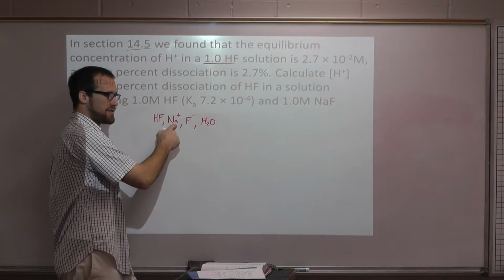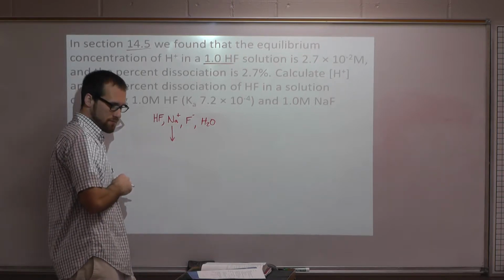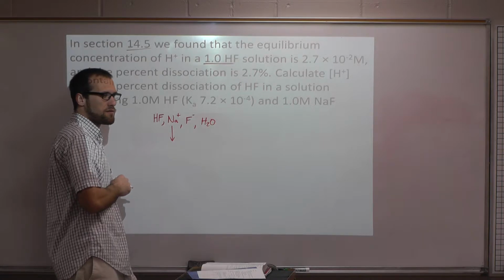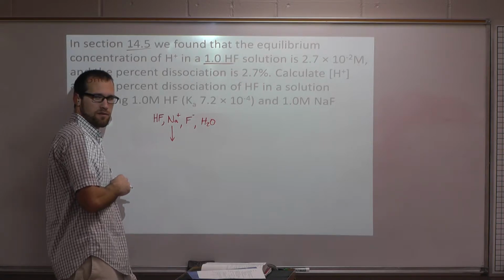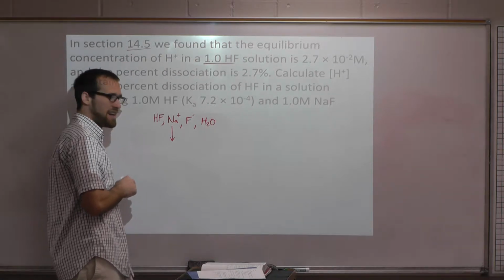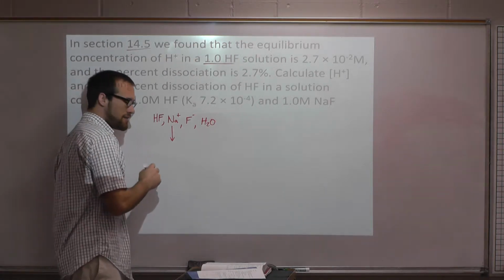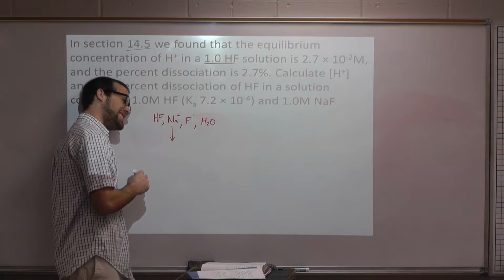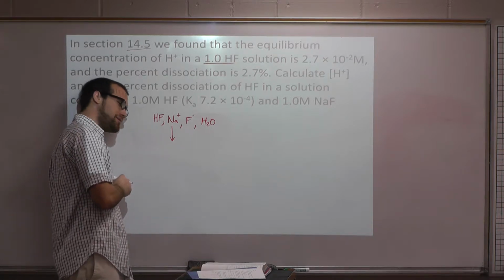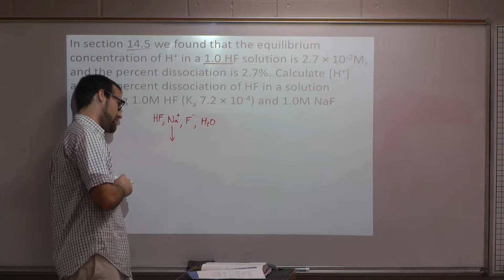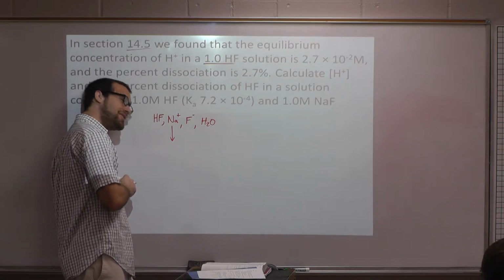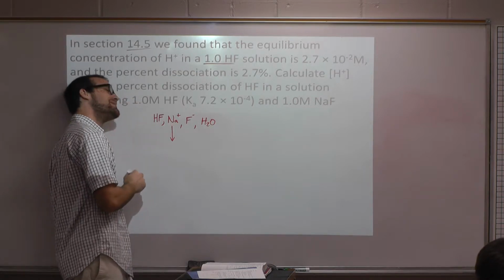What's significant about this? It would produce a strong base, which means this ion is a strong base. Weak acid conjugate. True. It dissociates. It wouldn't form. Thank you.